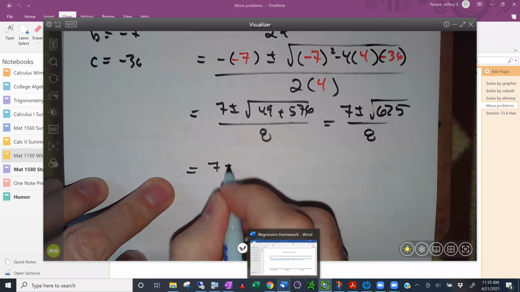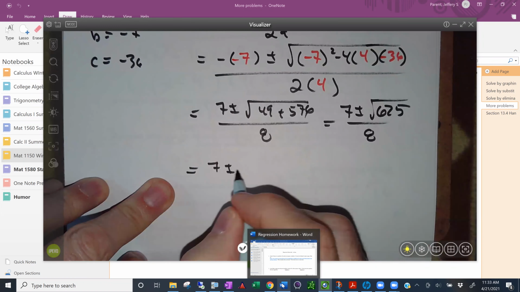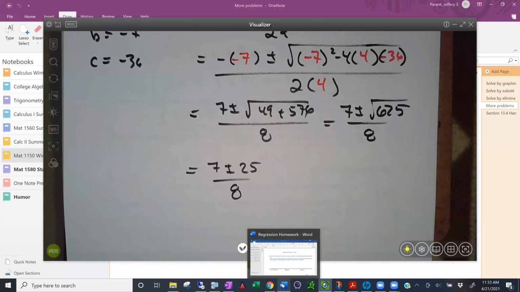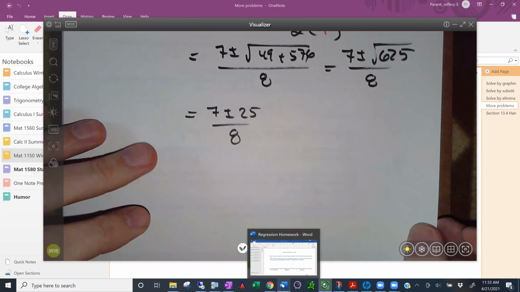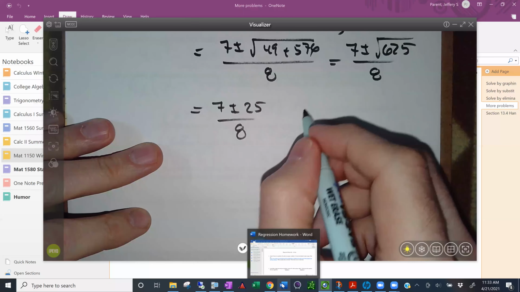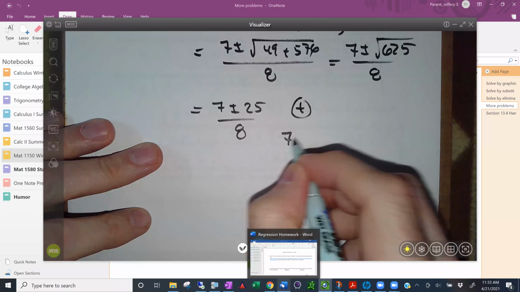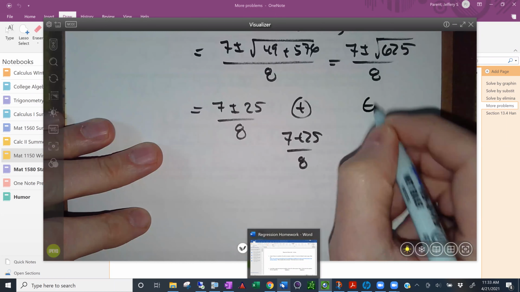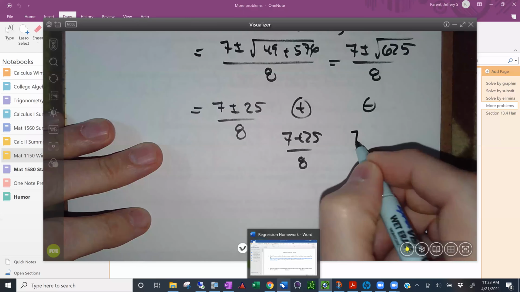In other words, if this number is a perfect square, you know it could have factored. Not that you have to factor it that way. There are two possibilities: the positive case, 7 plus 25 over 8, and the negative case, 7 minus 25 over 8.